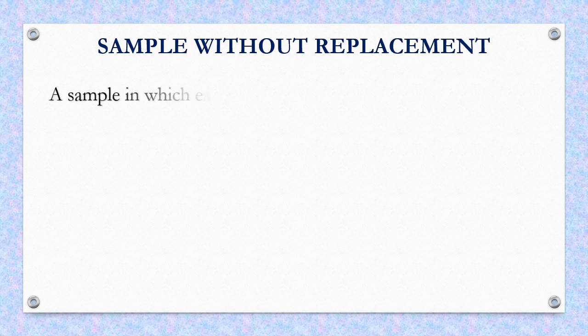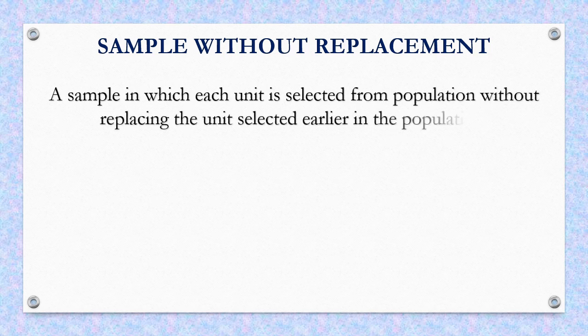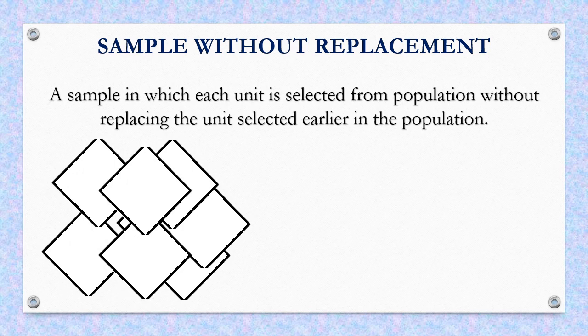Second is sample without replacement. As the word mentions, it is a sample in which each unit is selected from population without replacing the unit selected earlier in the population. That means this time, out of the 10 available chits, I am not going to put my chit back in.